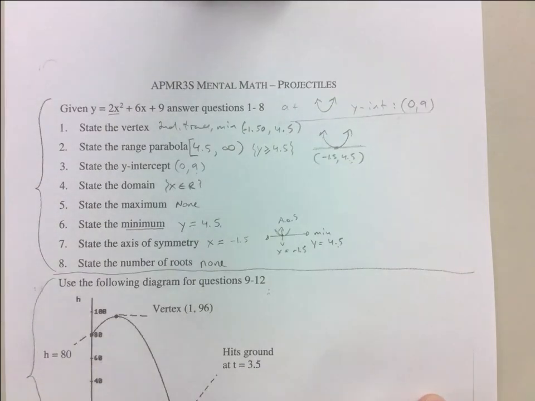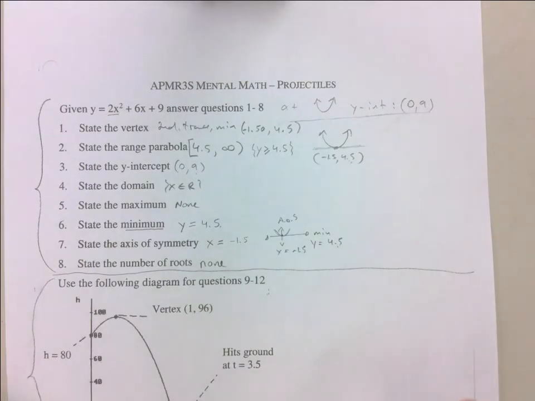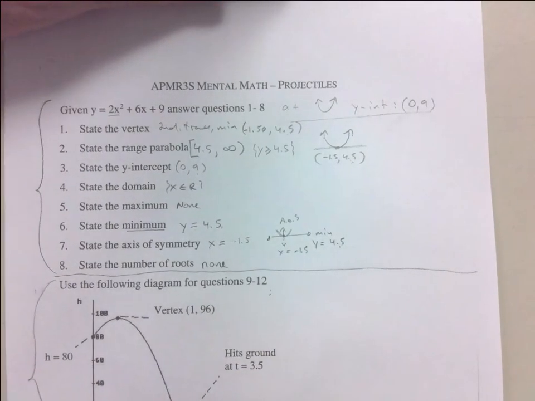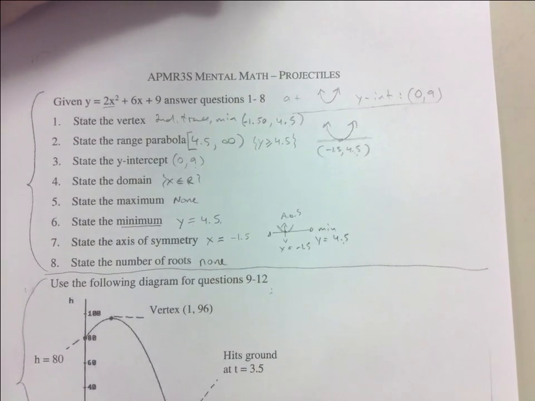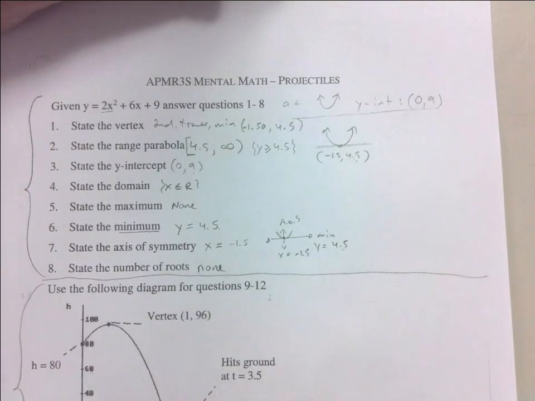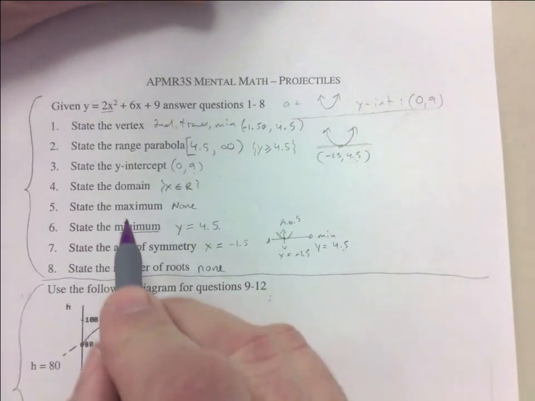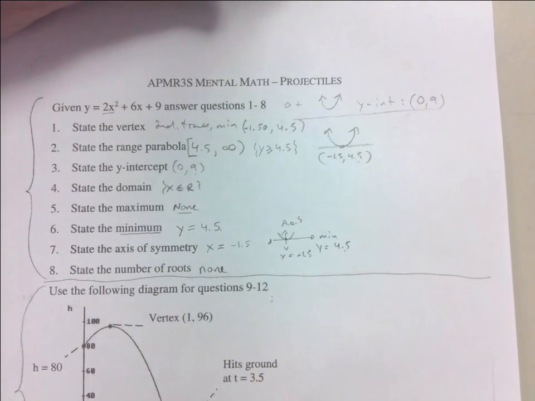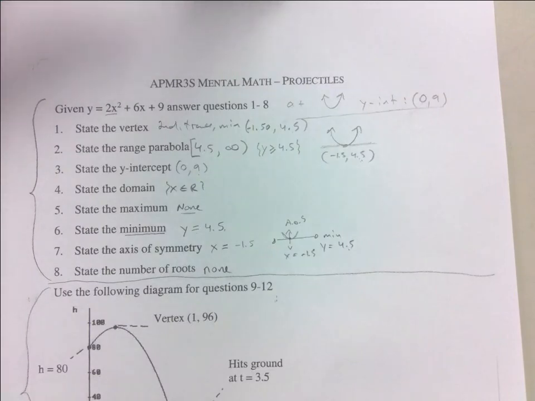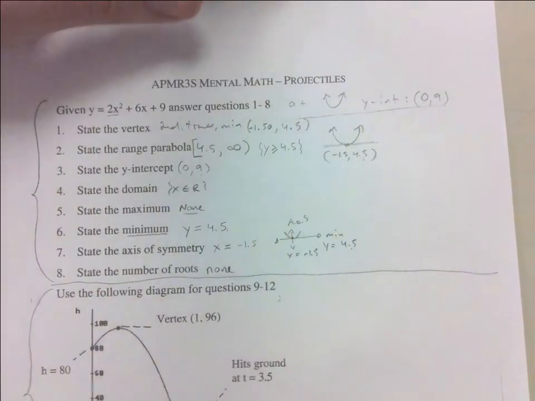Even you saying none, that would give you a mark today, right? Because you had to tell me that it doesn't have a maximum. Yes? What if we said infinity? For this one, infinity? I would say no. That's incorrect. There are none, because now you're saying there's an infinite number of maximums.